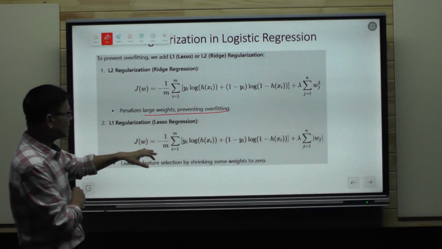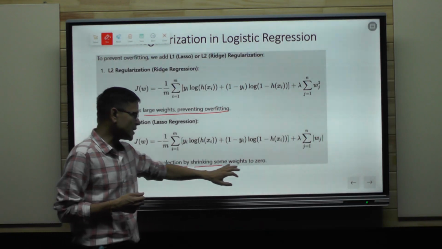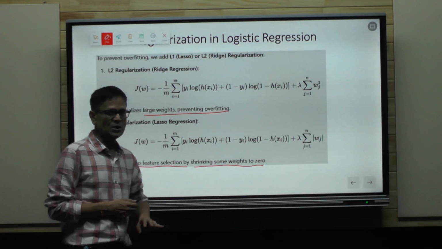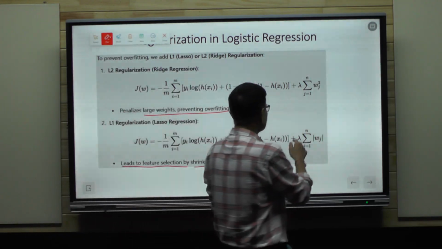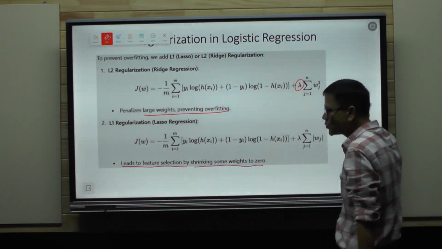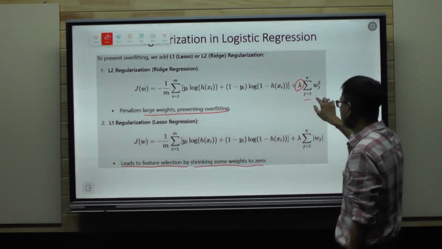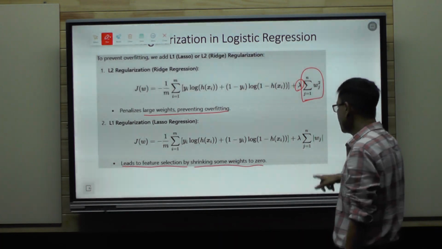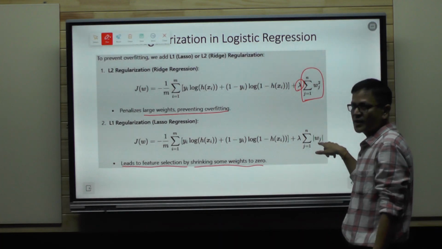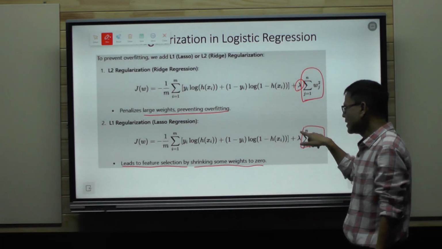And L1 regularization, what does it do? It leads to feature selection by shrinking some weights to 0. The difference is the lambda is to be calculated. Then you sum up all the weights and square them in L2. And in L1, you take the mod of weights, add them up and multiply with the lambda.